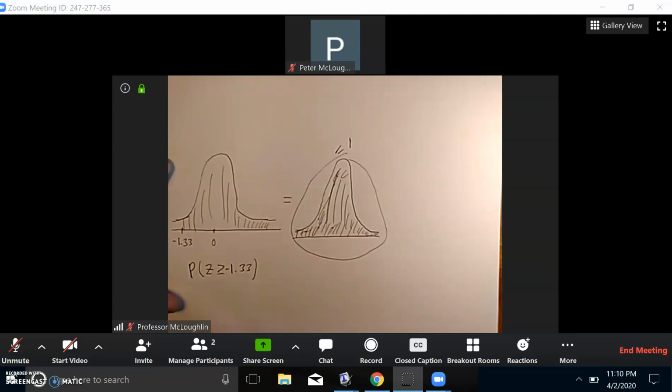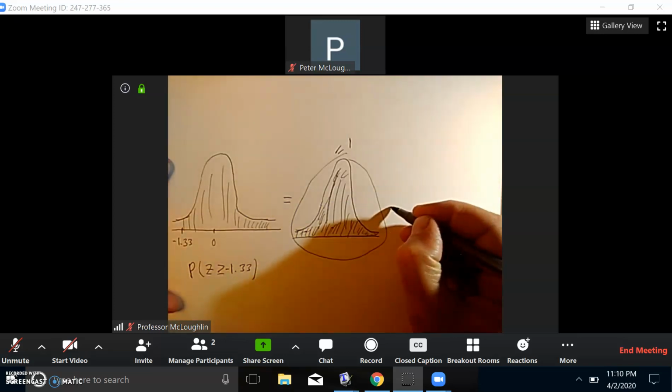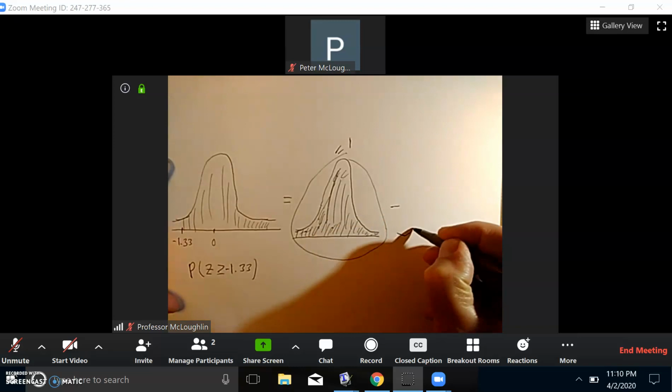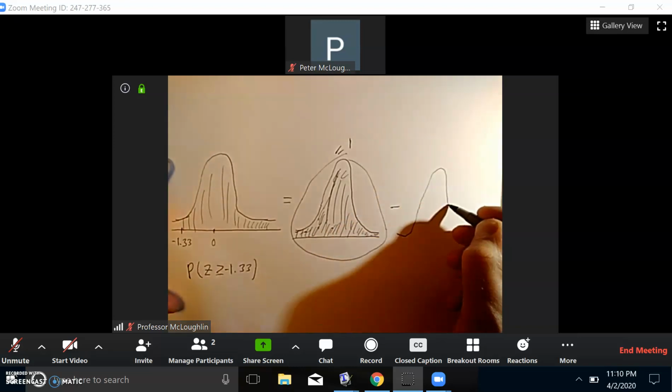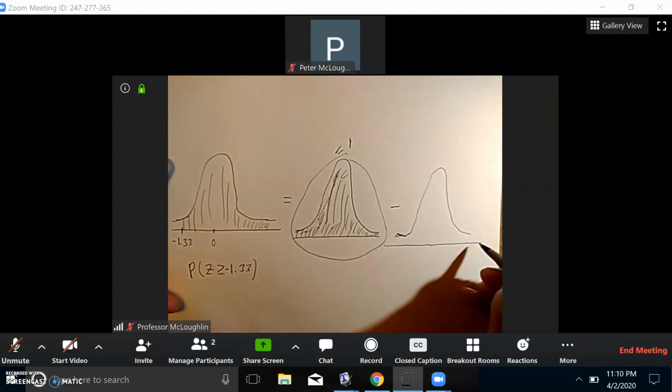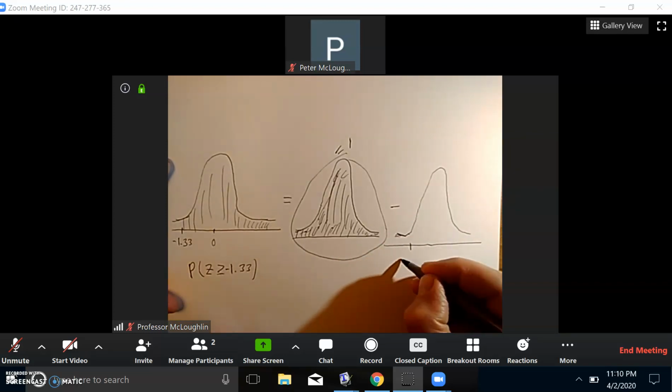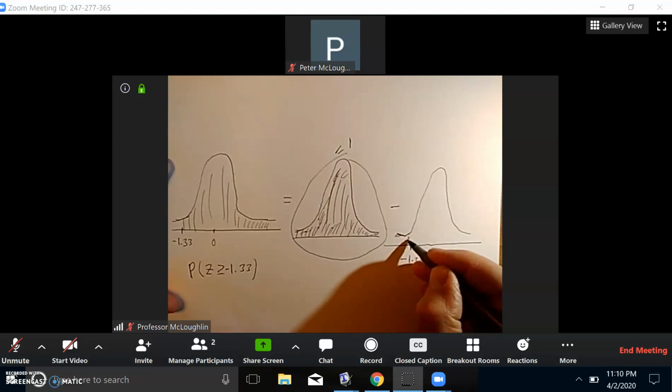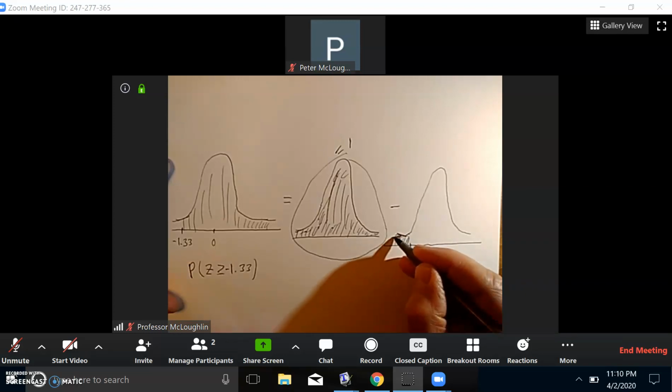And then from that, we're going to subtract another normal distribution, this time looking at the area to the left of negative 1.33.